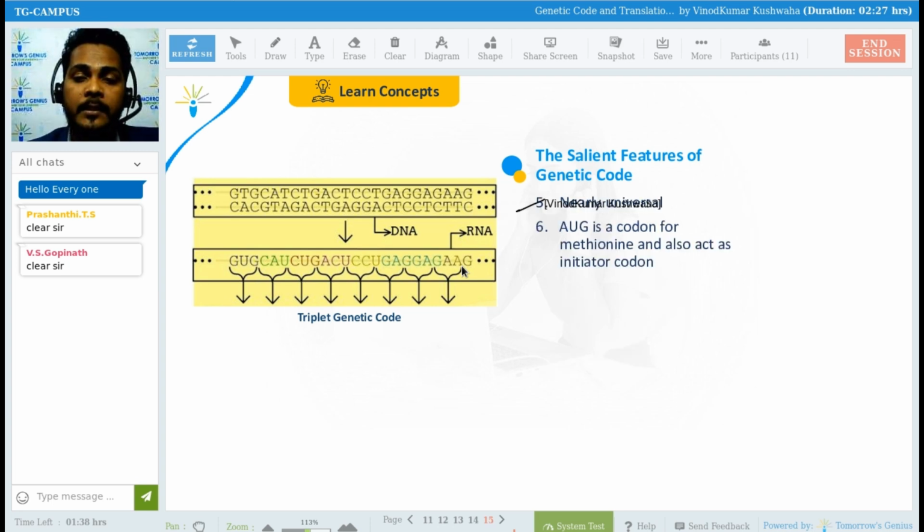Now the fifth one is universal, nearly universal. What does nearly universal mean? The genetic code is universal. As you know, a codon specifies the same amino acid from a virus to a plant to a human being.